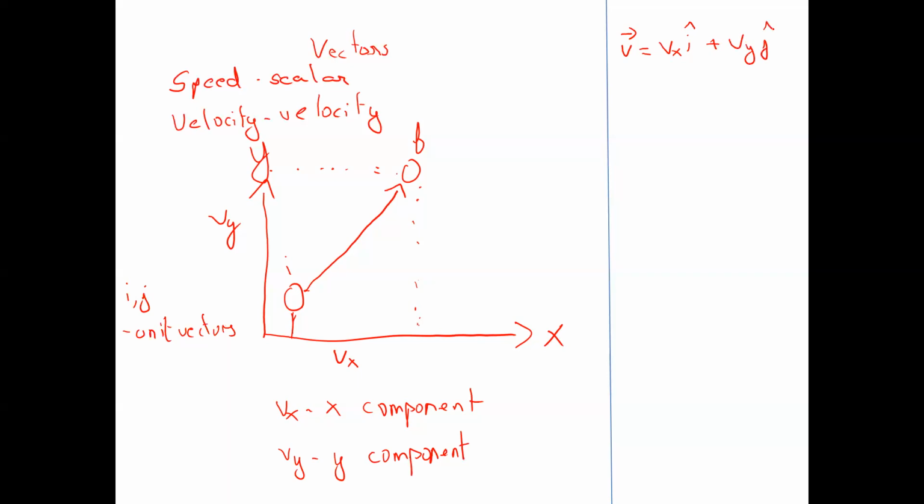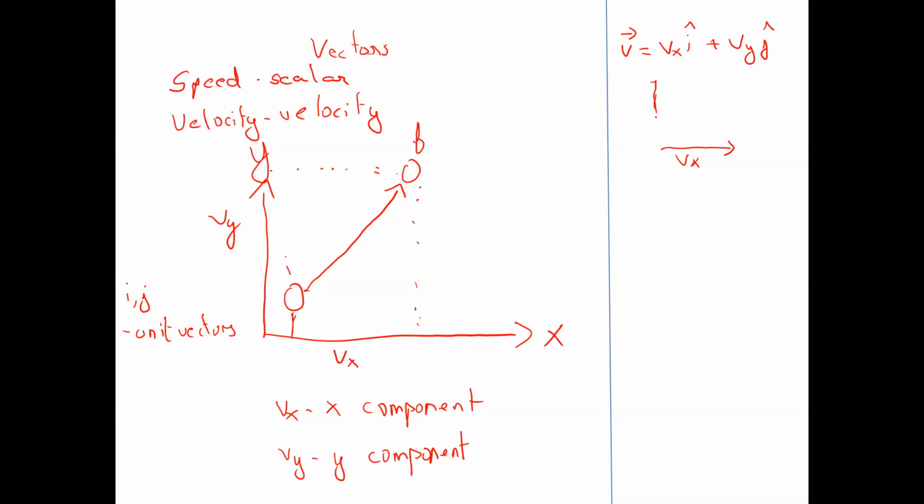So now this vx i is definitely along the x direction, and this vy j is definitely along the y direction, along the vertical.